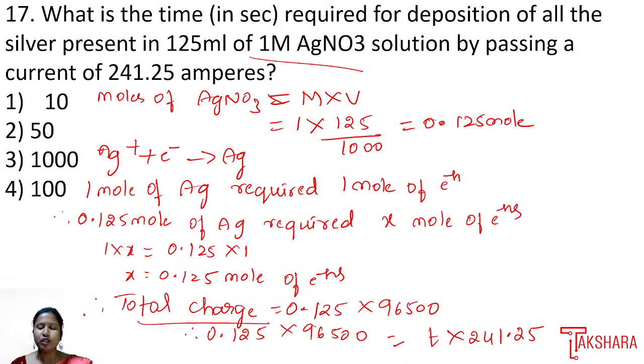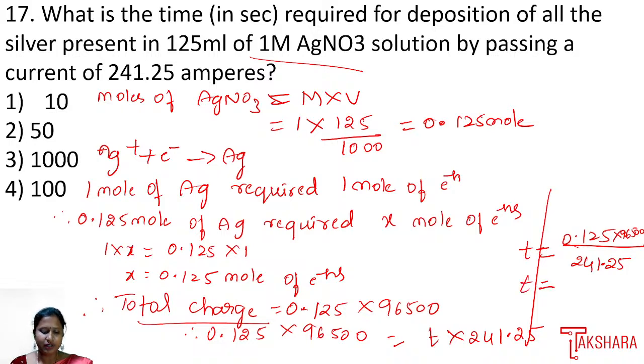Total charge is 0.125 into 96,500 is equal to t, which we are going to find in seconds, into 241.25. So t is equal to 0.125 into 96,500 divided by 241.25. Then what answer do we get here? t will become 50 seconds. 50 seconds we are getting as the time. Okay? So t is equal to 50 seconds.